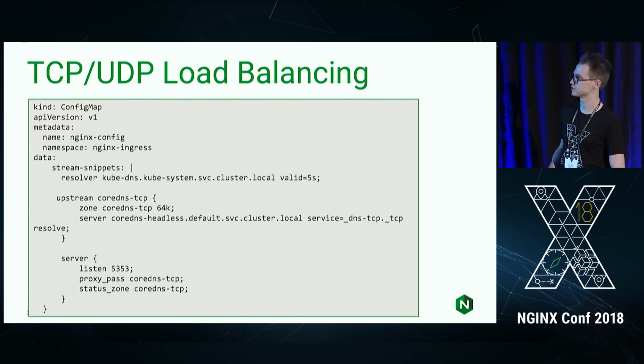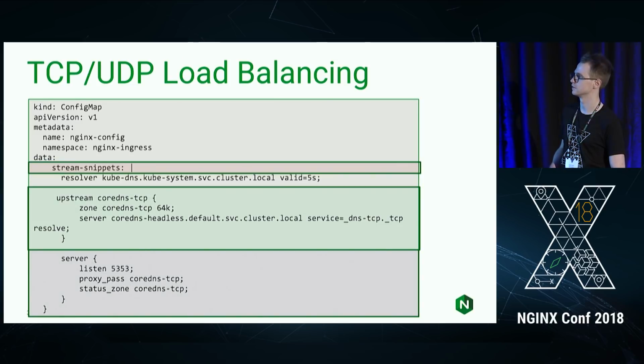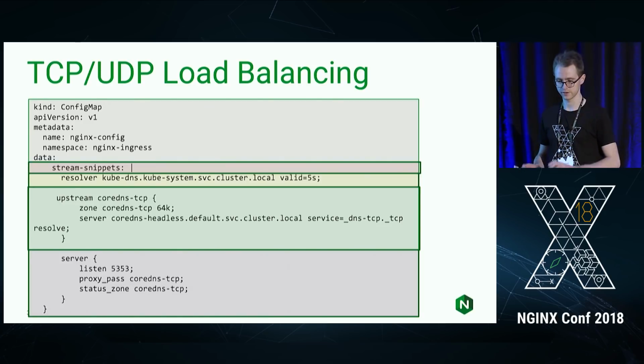In this example, we load balance the CoreDNS server. In this case, we load balance DNS over TCP. But you can also load balance DNS over UDP on the same socket, so you can extend this example. And again, if you want to speak with me, we can do it afterwards.